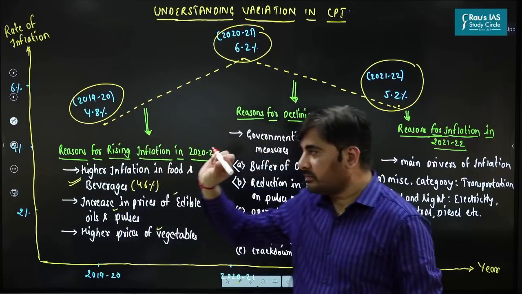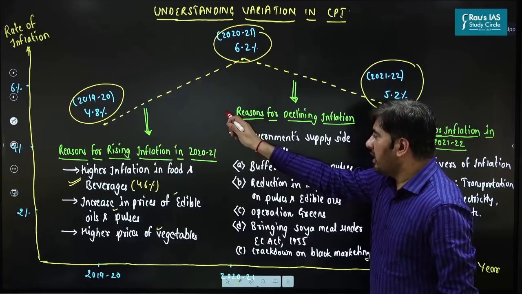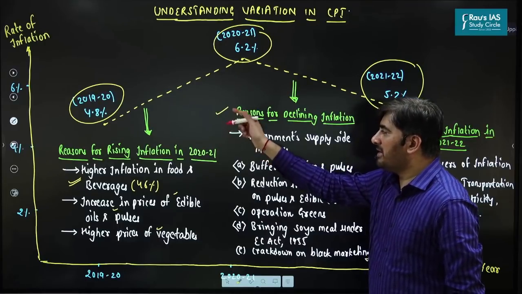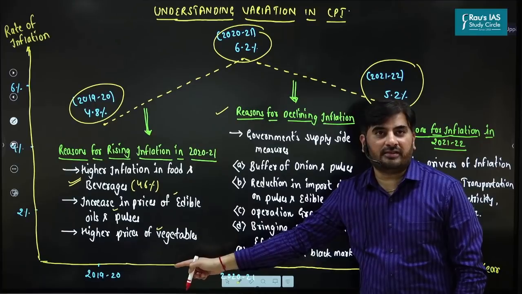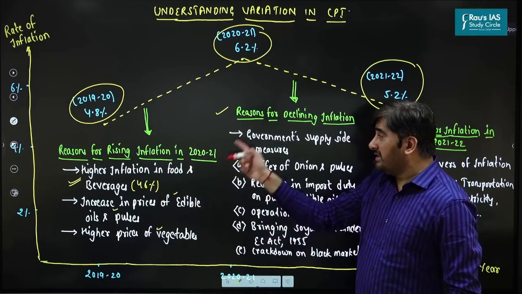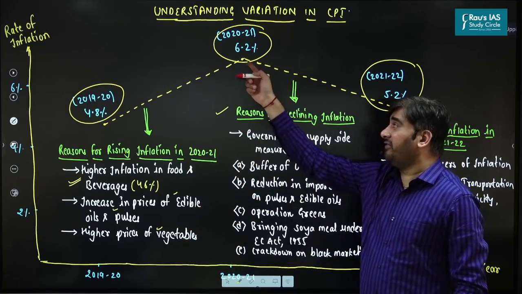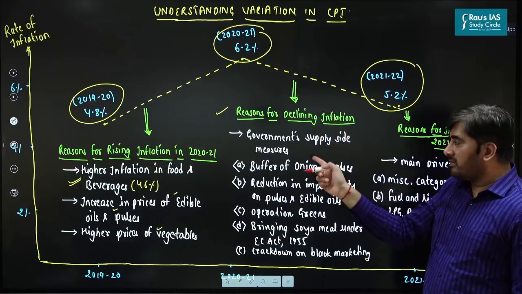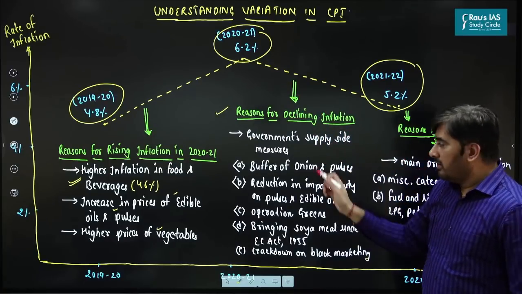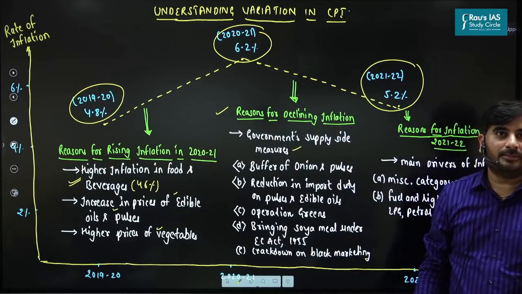Okay. Now what happened was the government took a number of supply side measures to control inflation in these agricultural commodities. Because of these supply side measures taken by the government, inflation has now reduced. Can you see this? So what supply side measures has the government taken?